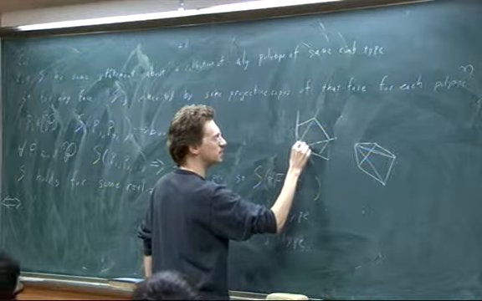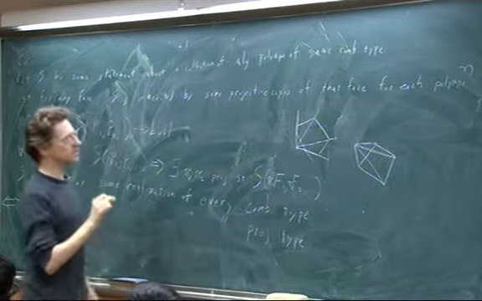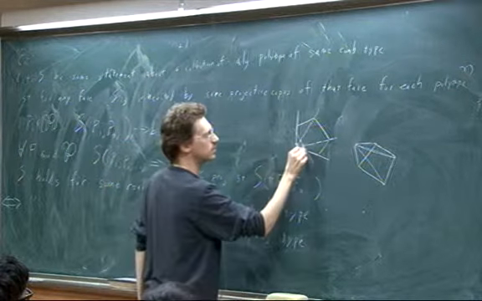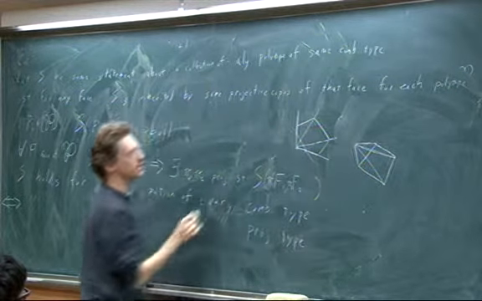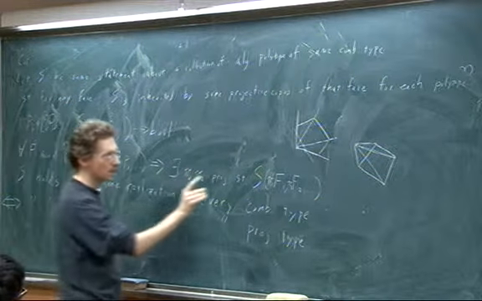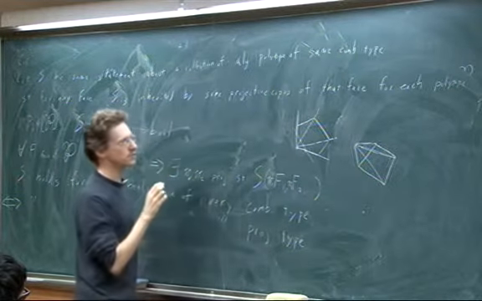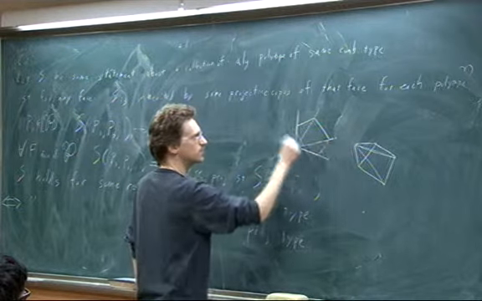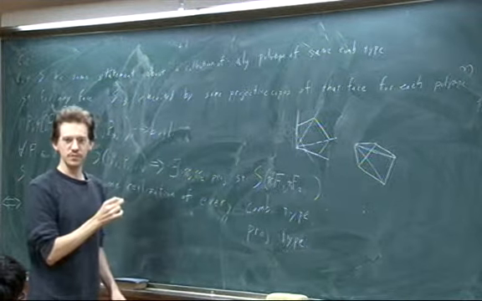This will always be projectively invariant. So if this is not rational, then this projective type of pentagon cannot be realized with rational coordinates. You can't perform any projective transformation that gives you all rational coordinates.